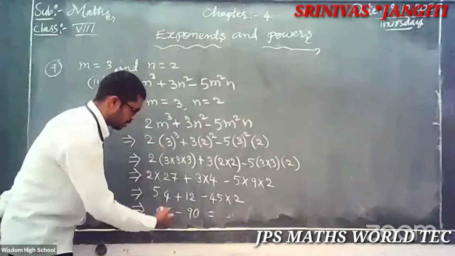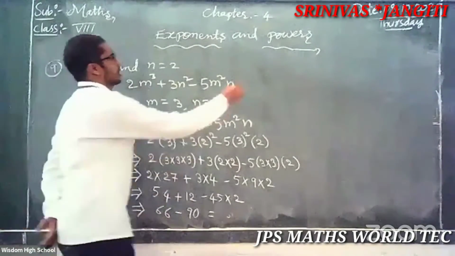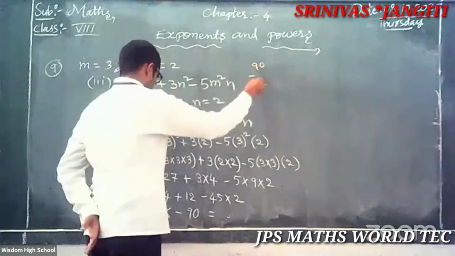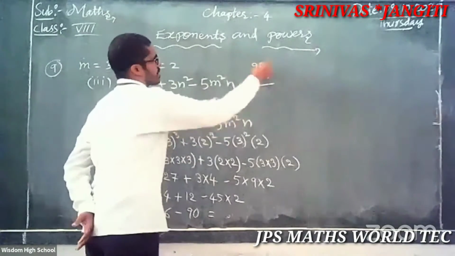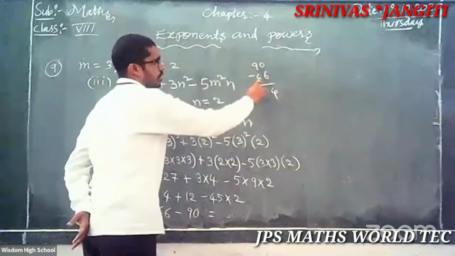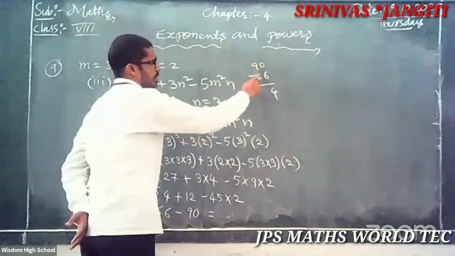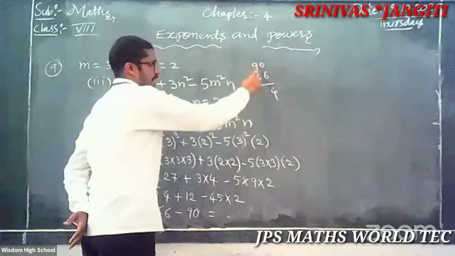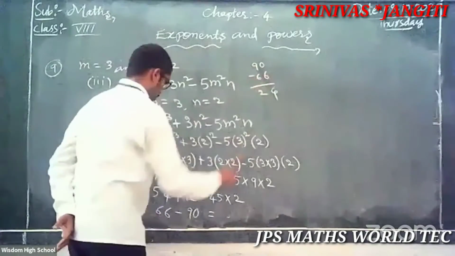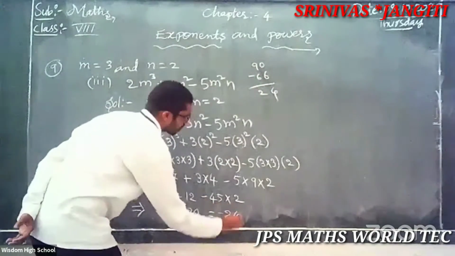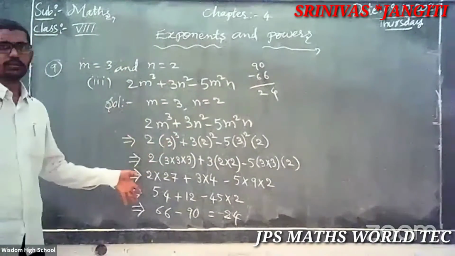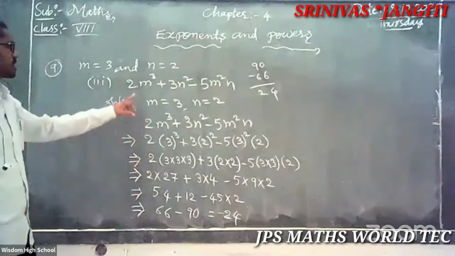Negative? Yeah, minus. How much is that? 90 minus, what is here? 66. Then what is here? 4. Yeah, after that side one gone. What is here? Yeah, 8, 6. That is 2. Minus 24. Clear? How is this, once observed?